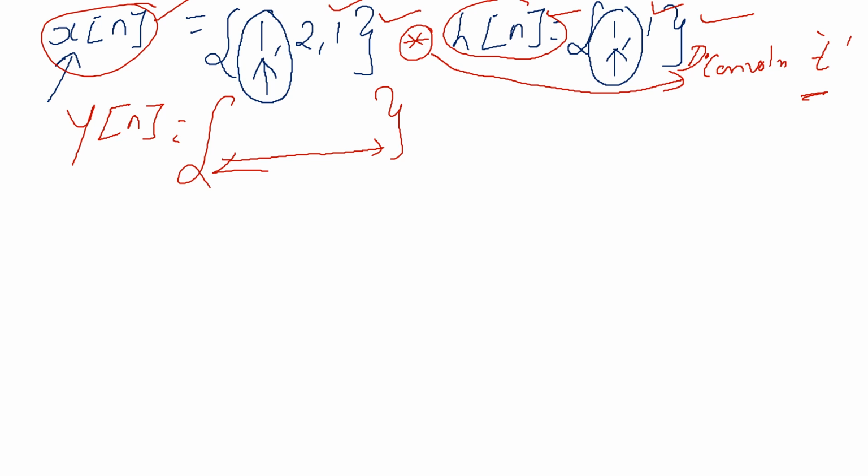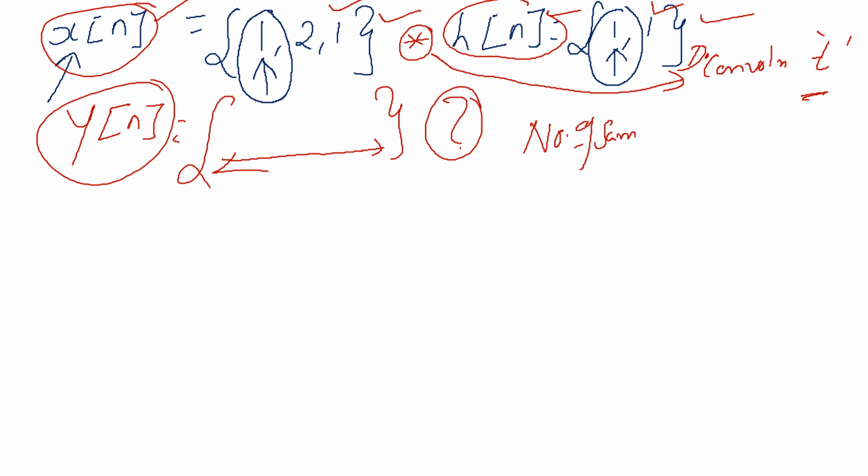How many samples will there be in the final convolved product? Okay, that is the question. So that can be calculated as number of samples equal to m plus n minus 1. The number of samples here is m, the number of samples here is n. I hope you are seeing this.